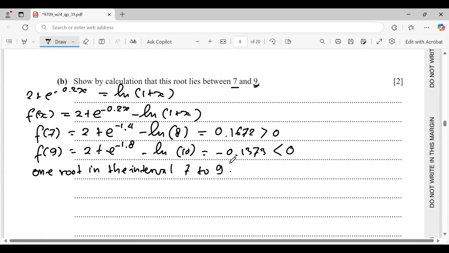You can see on the graph, the intersection shows us that it has only one root. So we can state that the root lies between 7 and 9.